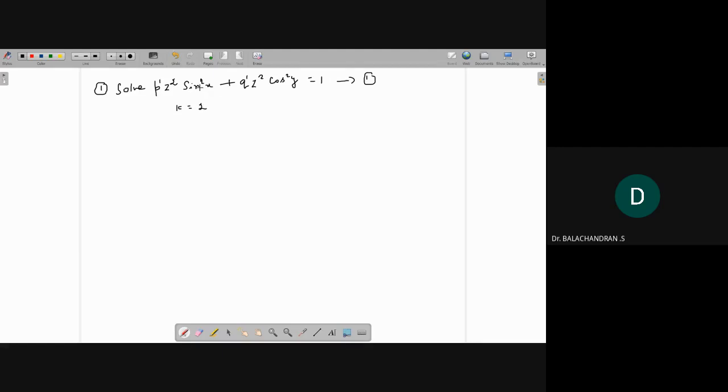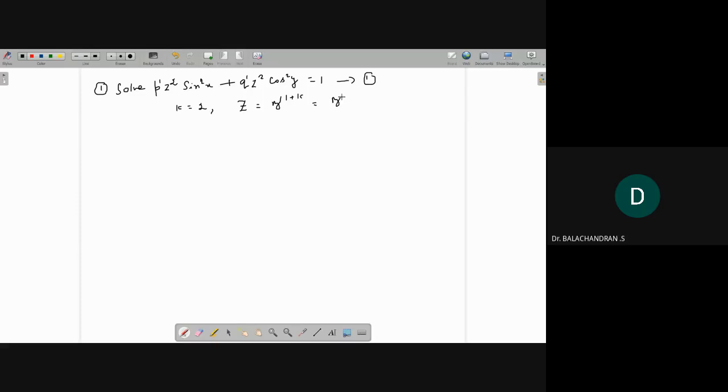And here you have sine square X and cos square Y. So if you have just X and Y, you can write the M and N value. Actually here you have sine square X and cos square Y, there is no need to write M and N value here. And if K equal to 2, then capital Z equal to Z power 1 plus K, from the first slide.